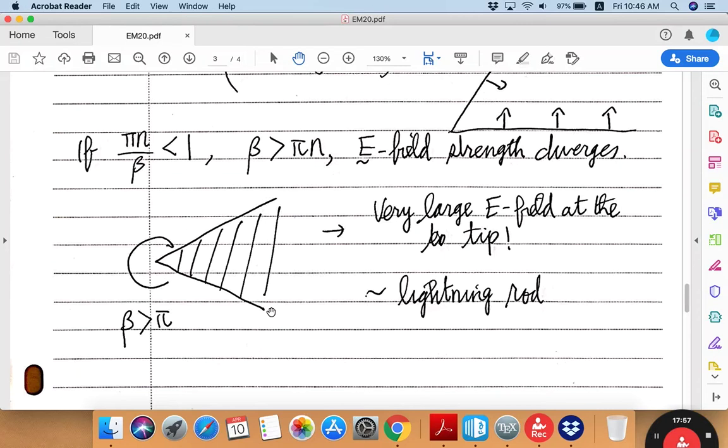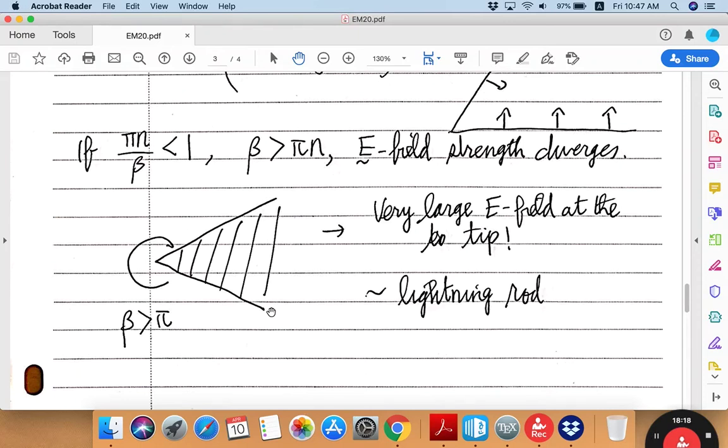And if there's a high electric field near the tip of the rod, then electrons will tend to be attracted to that region, and therefore it opens up a pathway for the lightning.